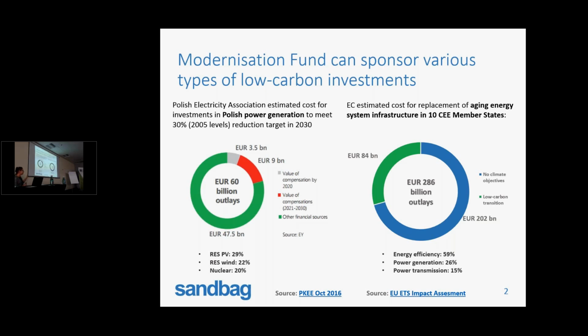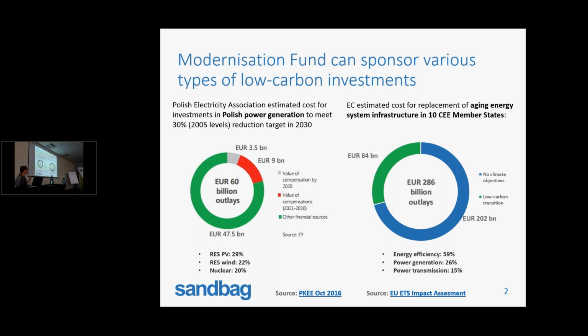are talking about. On the right, I presented you with the Commission's estimates that are made for 10 Central and Eastern European countries, and that are made not only for investments in power generation, but also for investments that include energy efficiency measures and power transition measures.